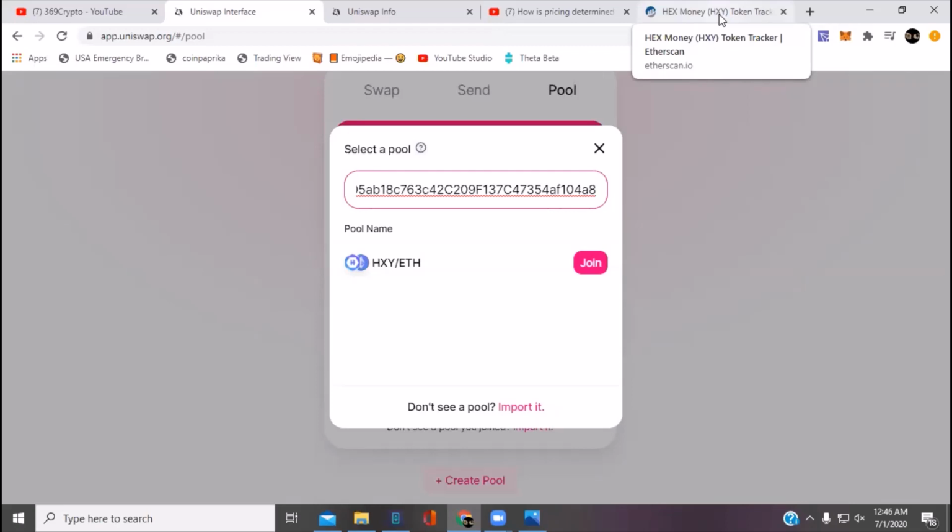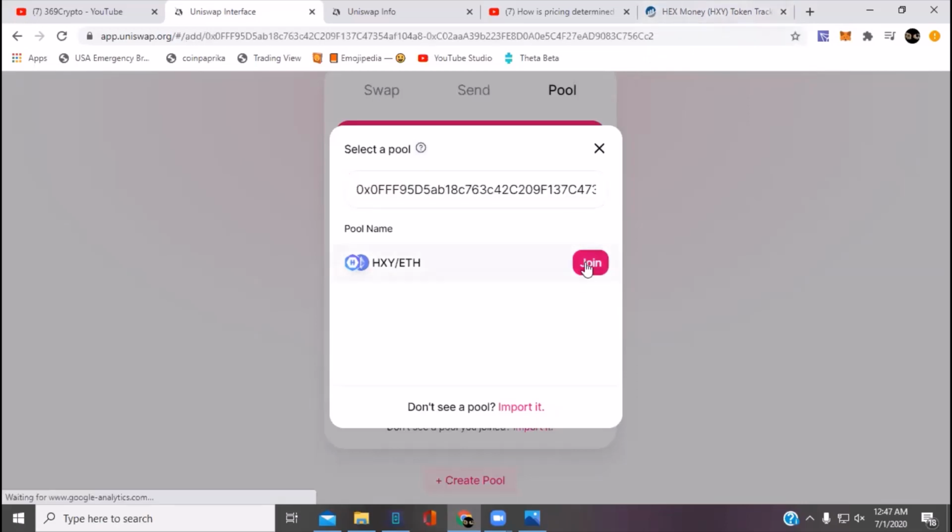On Uniswap, it's easy to have liquidity pools of a fake token and make a bunch of money, pump and dump it. Do your own research. Join the Telegram group for Hexy if you want to know what the contract addresses are. Link in the description. Check that out first before you start throwing money around thinking you're going to make $1 million in 2 days. Stop it. It's my PSA for today.